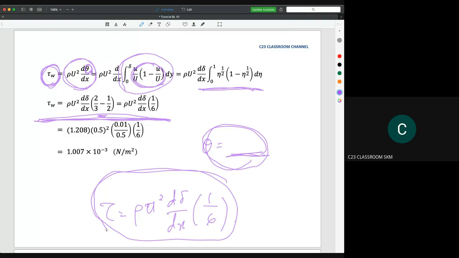So how to manipulate it? We found that rho is a value, we could get the value for U here, and 1/6 is also a constant. The problem is what is d delta and what is dx. I think you already know. The meaning of d delta is the change in delta, and dx means the change in the x direction.